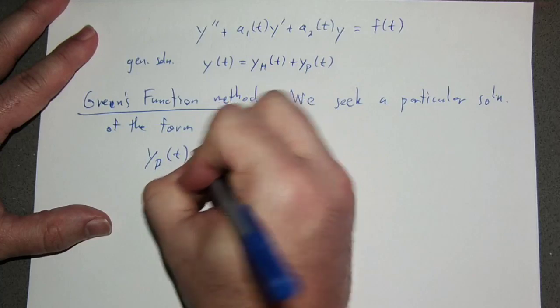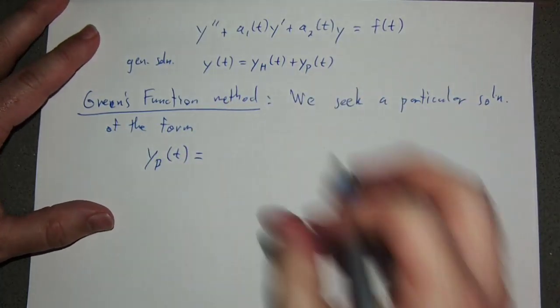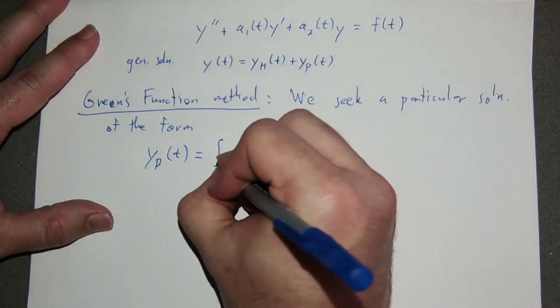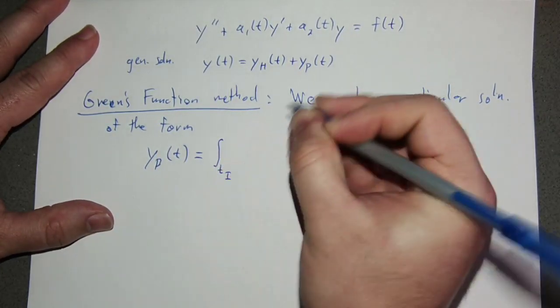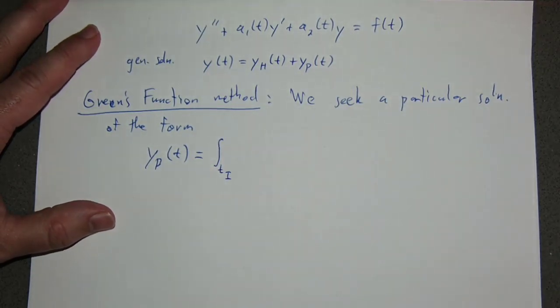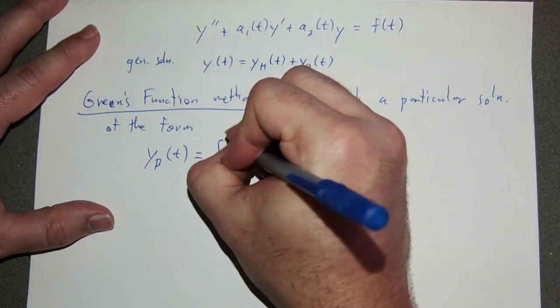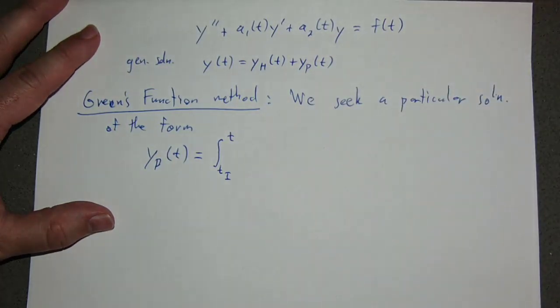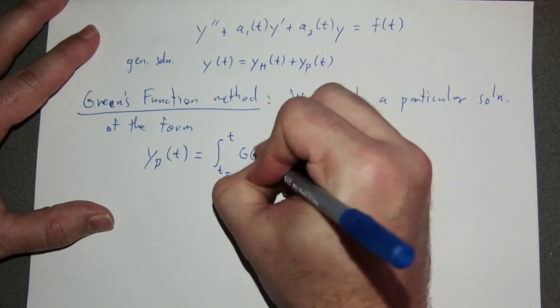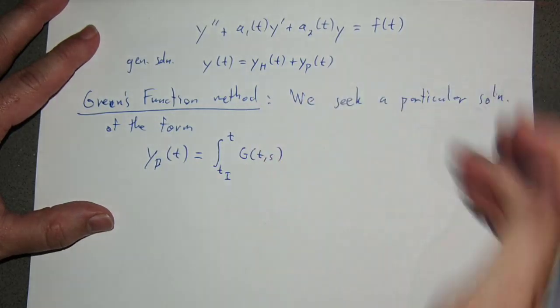Our particular solution is given as an integral from some t sub i, some initial time, which is typically not very important, to t of big G of t and s times f of s ds.